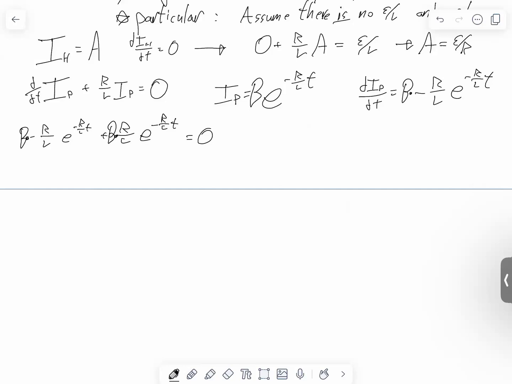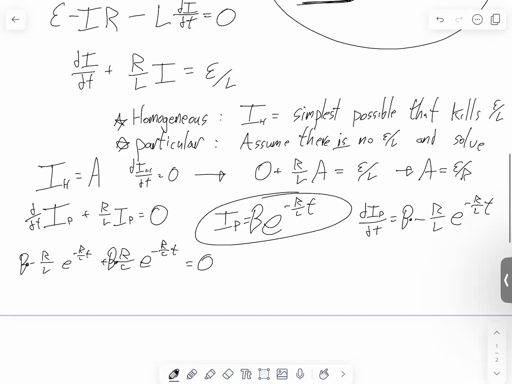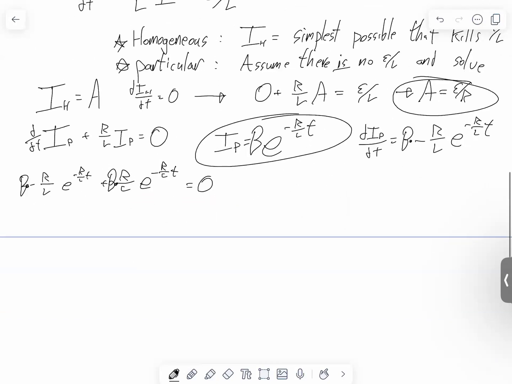No. The generic solution to this diffie Q is the combination of these two parts: slay the inhomogeneity E over R and take care of the derivative part.